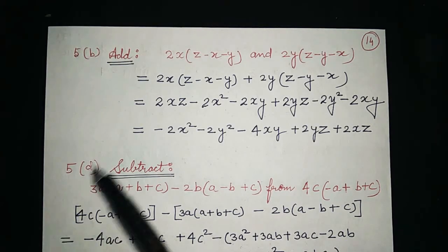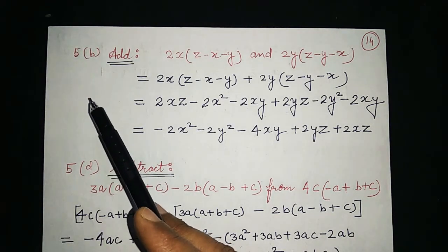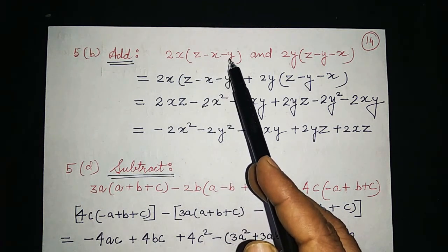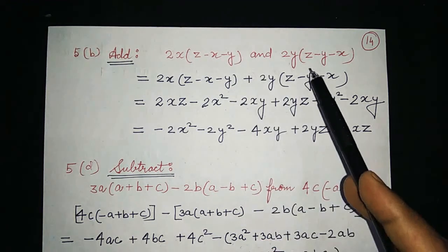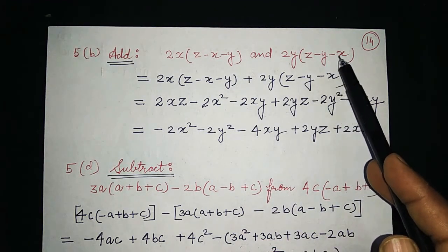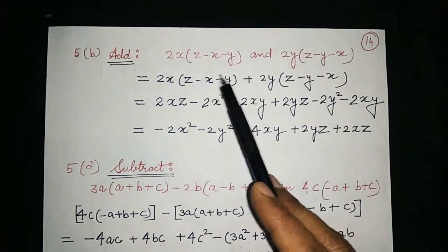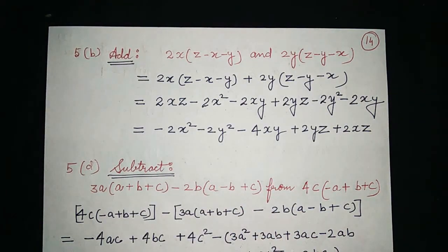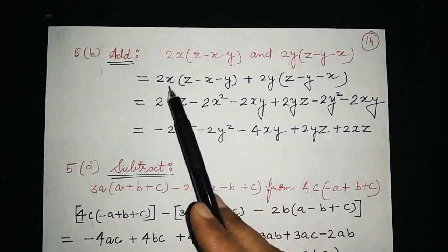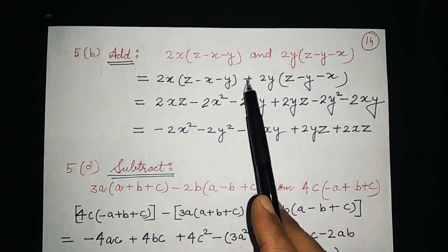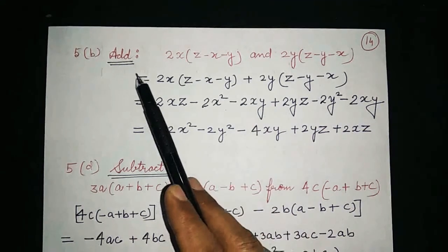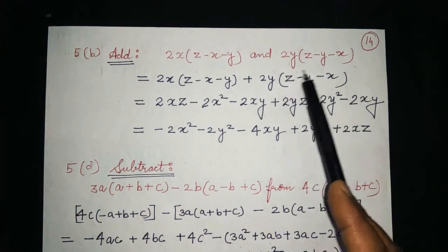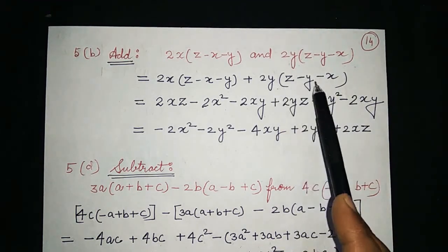Now see the B part of question number 5. Add 2x into z minus x minus y and 2y into z minus y minus x. Here we have to add these two expressions. So first we will write the first expression, then we will put plus sign because we are doing addition, and then we will write the next expression.